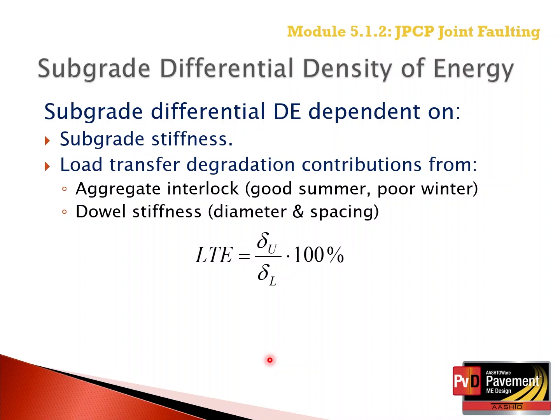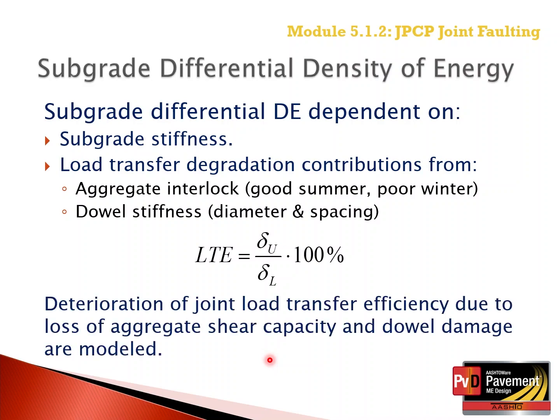The subgrade differential density of energy is dependent on the base and subgrade layer stiffnesses or modulus values, and the load transfer degradation or deterioration due to a loss of aggregate interlock, and the effectiveness of the dowel stiffness or damage of the dowel concrete interface or bearing stress.